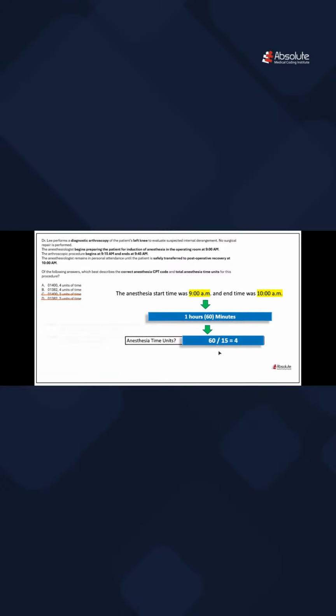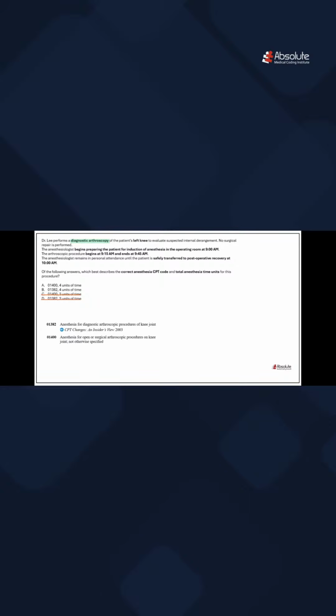The difference between option A and B is in the CPT code. Option A is coding for anesthesia for open or surgical procedures on knee joint, not otherwise specified. And option B is coding for 01382, that is for anesthesia for diagnostic arthroscopic procedures of knee joint. Now we have to ask the question, was this a diagnostic procedure or a surgical procedure?